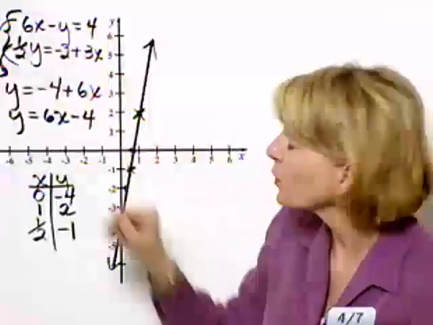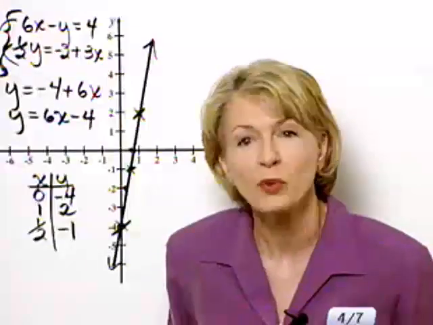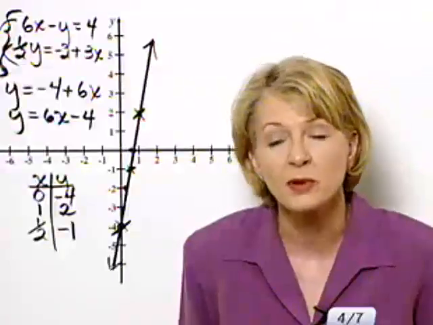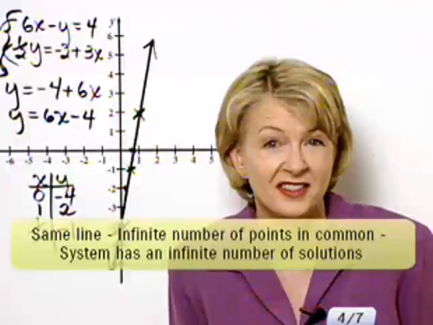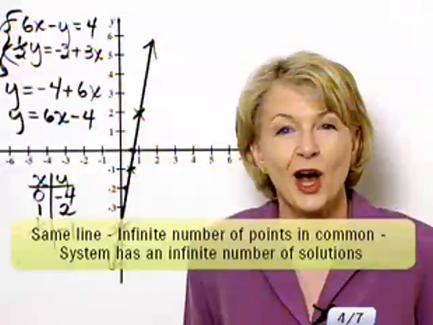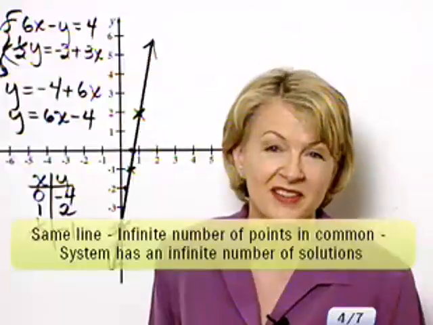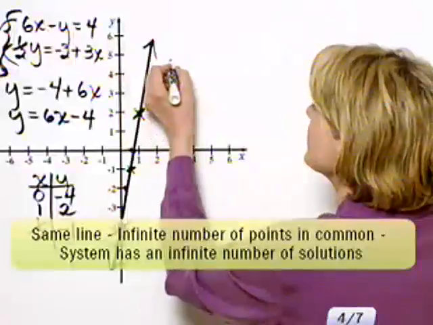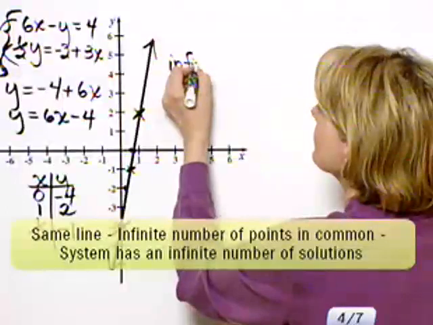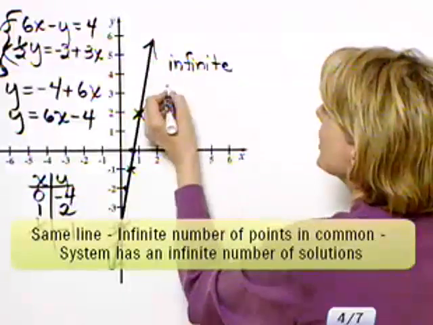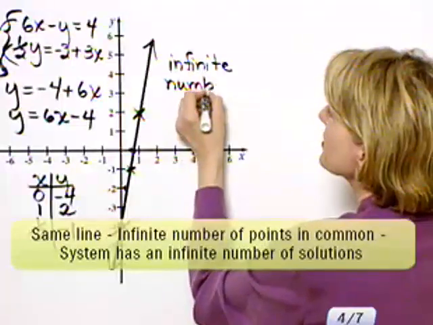So these graphs are exactly the same. What does that mean in terms of the number of solutions of the system? How many points are there in common? There's an infinite number of points in common. So there's an infinite number of solutions.